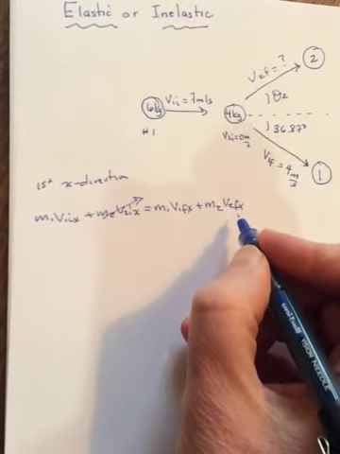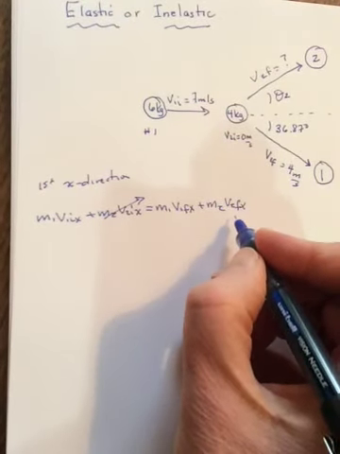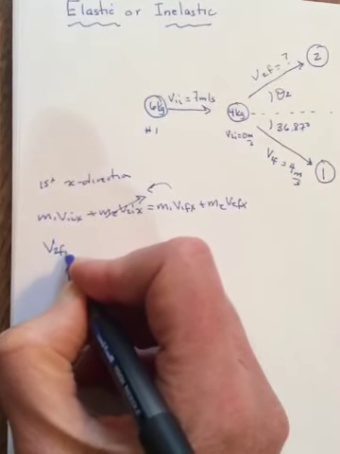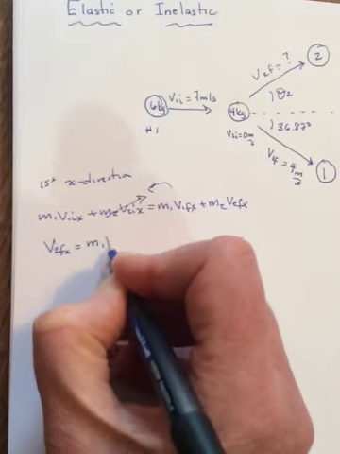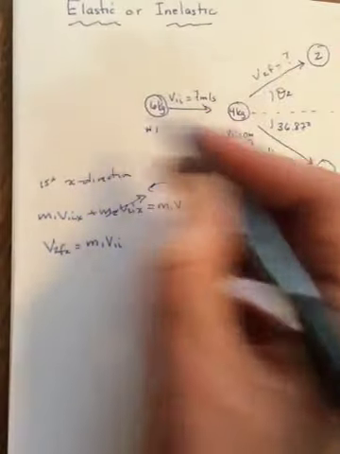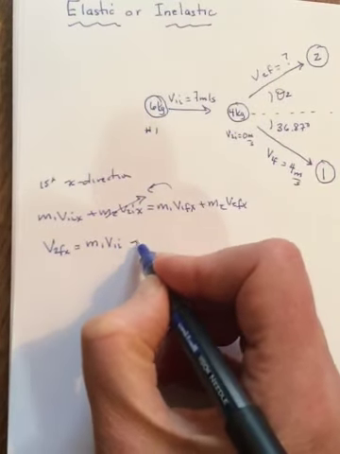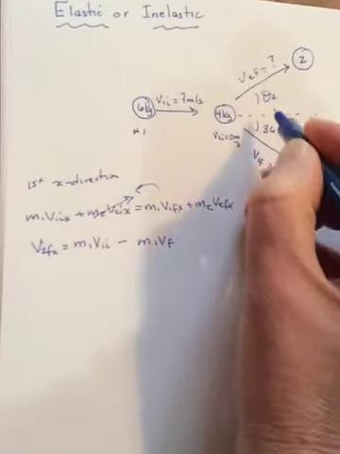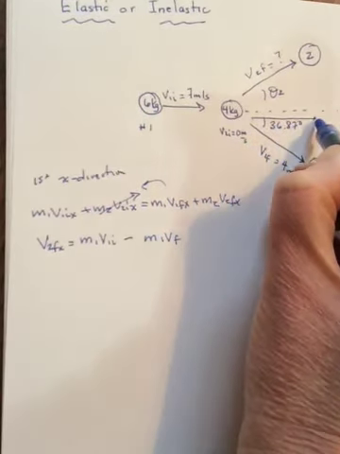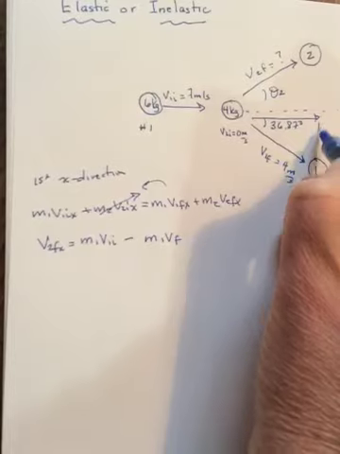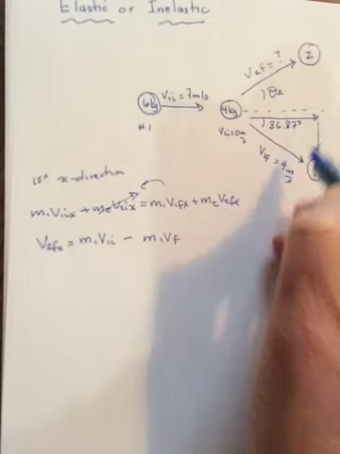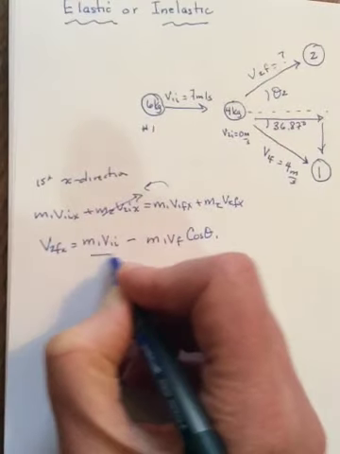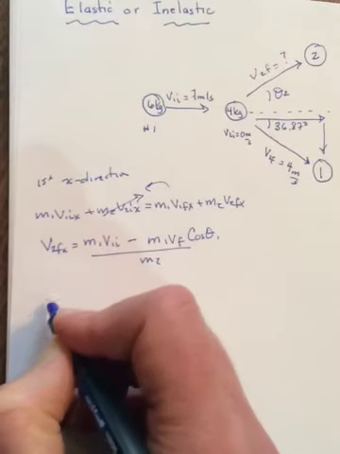We're looking for v2fx, so we bring this term over. So v2fx will equal m1v1 initial, and I can drop the x because it's only in the x direction, minus m1v1fx, which is the adjacent side of this right angle triangle, so it's cos theta 1, and I divide by m2.